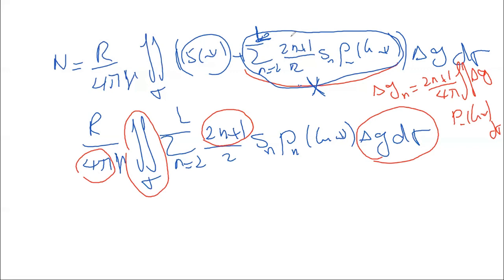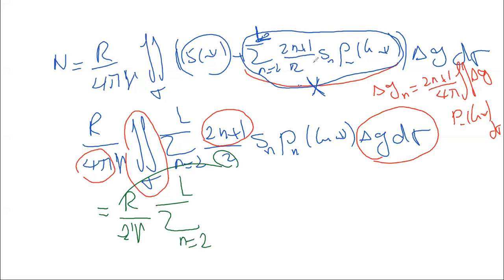So that's it. Therefore, I can write that this formula will be R over, these two comes here, gamma is at the same place, summation remains from 2 to L, Sn will be there, and delta Gn.